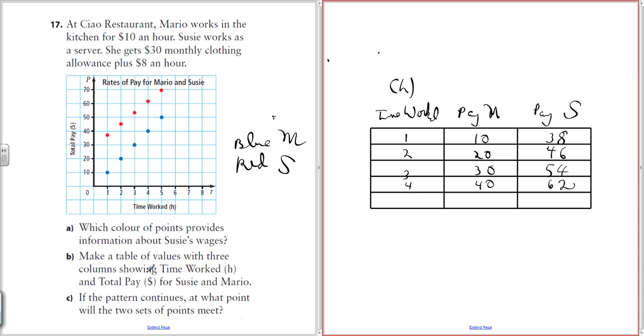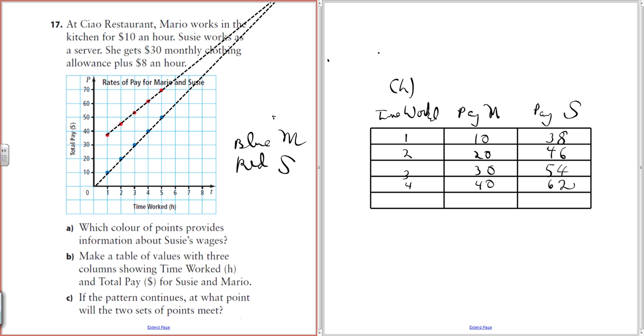But then it says, if the pattern continues, at what point will the 2 points meet? So I'm going to take out my little pointer thing. I'm going to draw a dotted line right here. I'm just going to connect those points and draw it off into infinity. And this one here, I'm going to do the same thing.